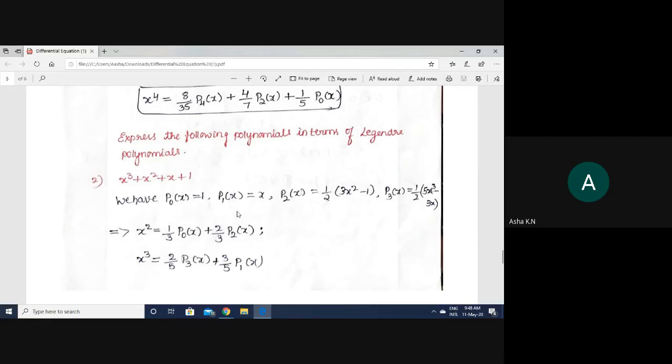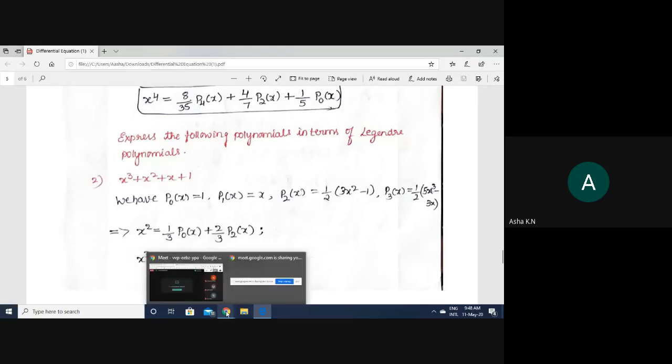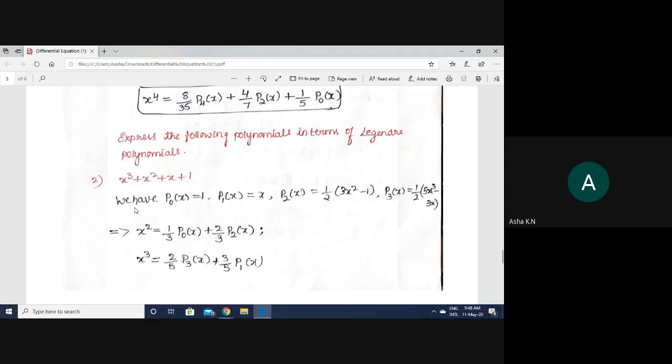These are the expressions required for you now. Written, substitute and simplify.